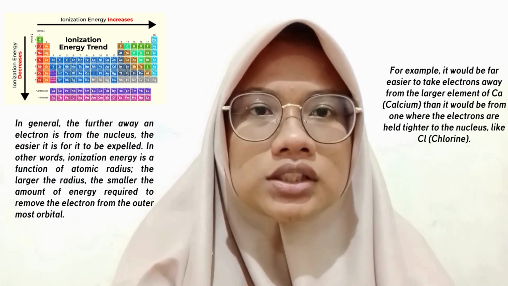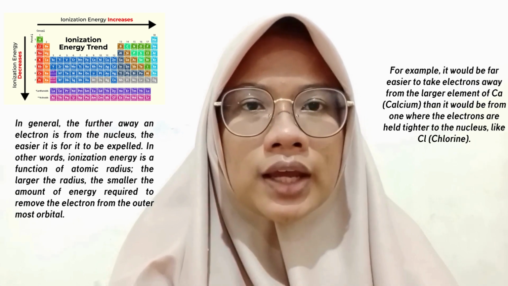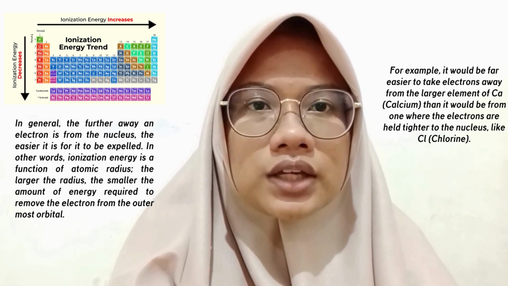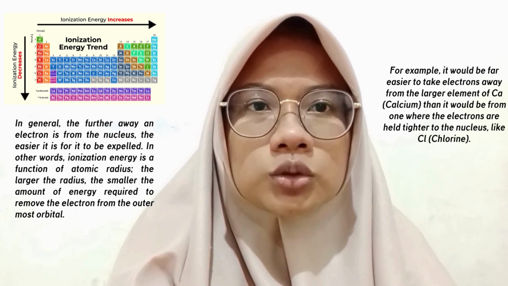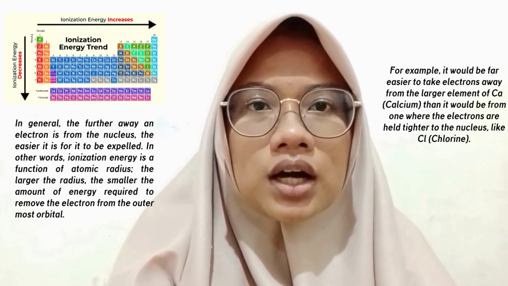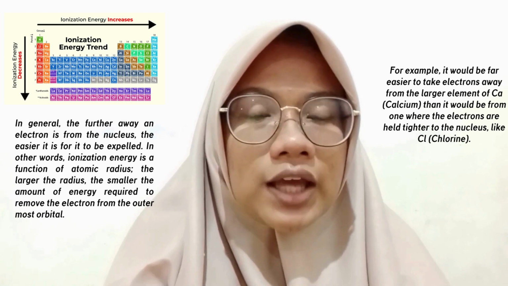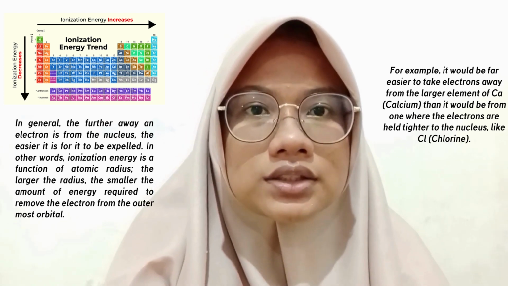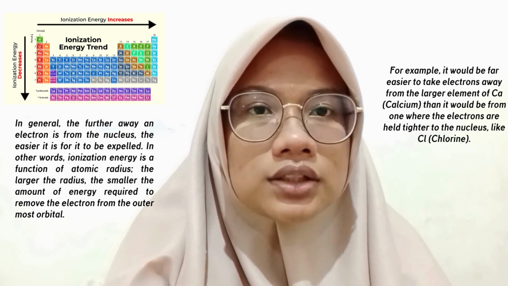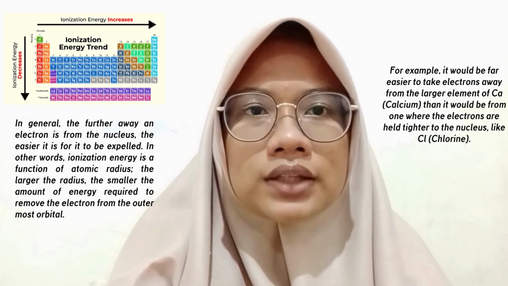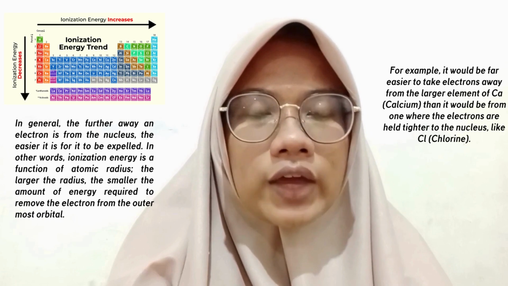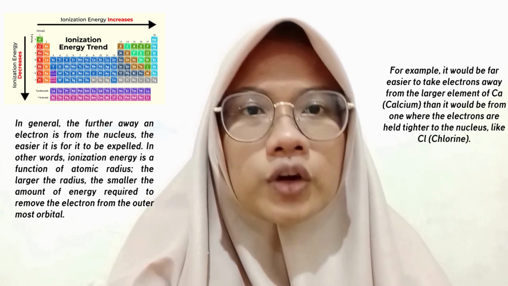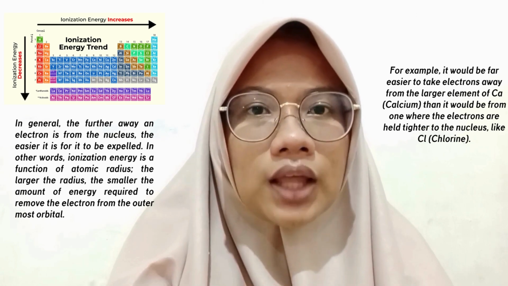And in general, the further away an electron is from the nucleus, the easier it is for it to be removed. In other words, ionization energy is a function of atomic radius, and the larger the radius, the smaller the amount of energy required to remove an electron from the outermost orbital.